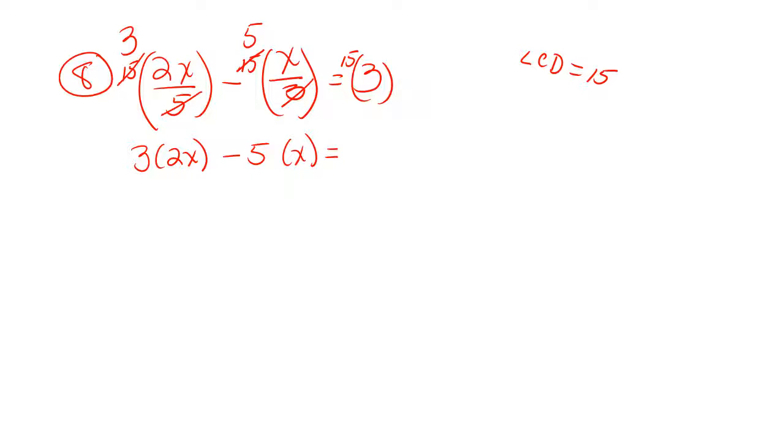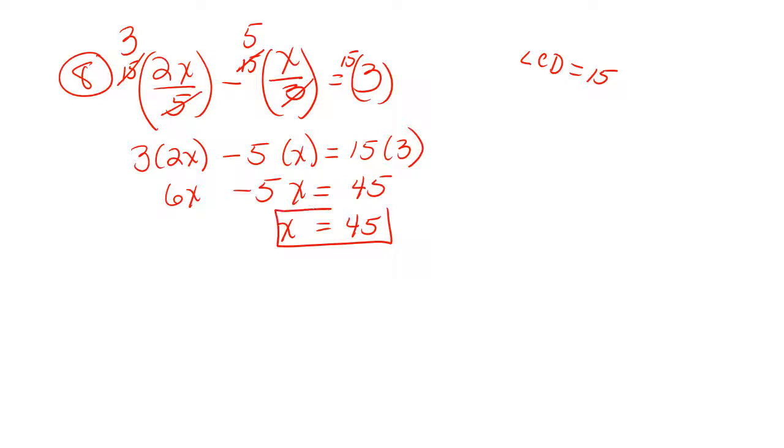And then on the other side I have 15 times 3. Well, 3 times 2 is 6x minus 5x equals 45 when we multiply. And 6x subtract 5x is simply 1x, which yields the final answer.